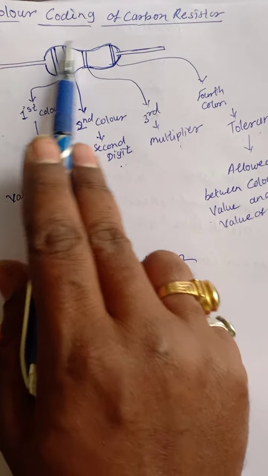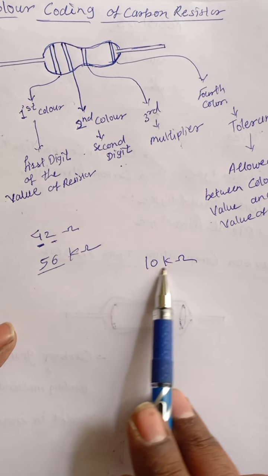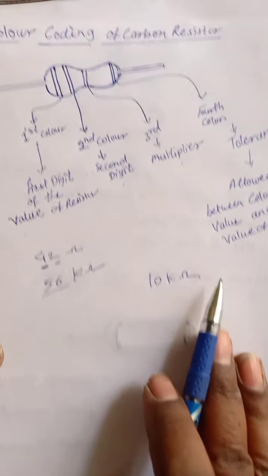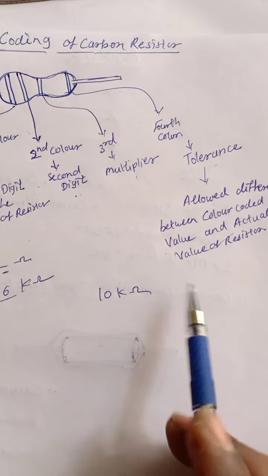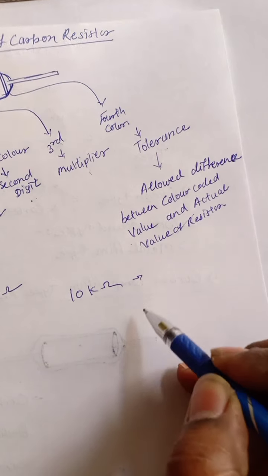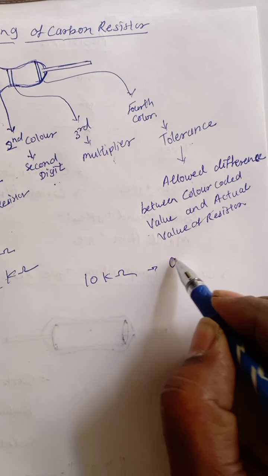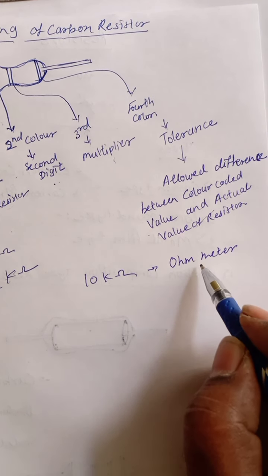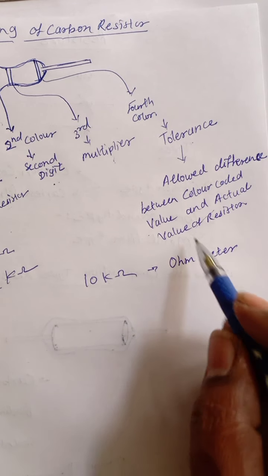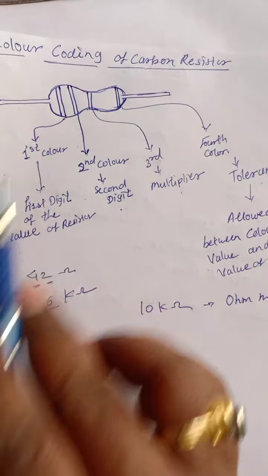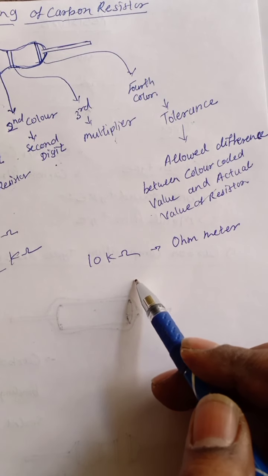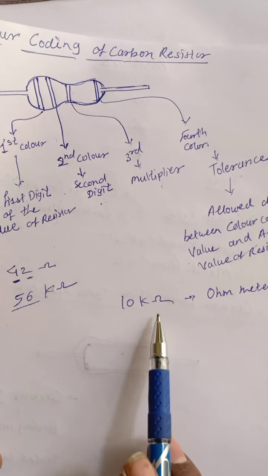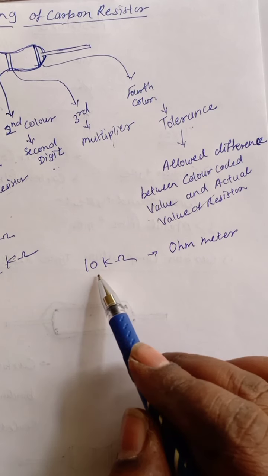If we construct this resistor and measure its value using a multimeter or ohm meter, a device used to measure resistance, it is not exactly 10 kilo ohm.